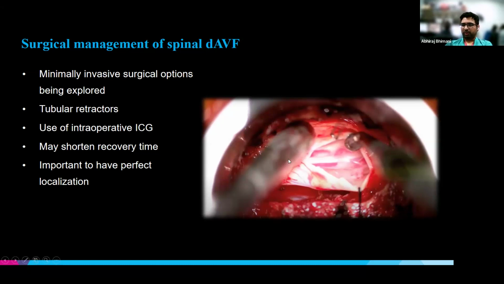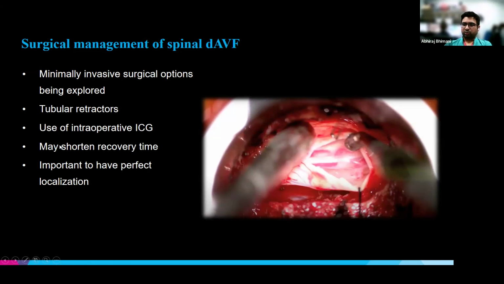It shortened the recovery time of the patient, and some surgeons have also been using intraoperative ICG to see the dural fistula, and after cauterization, the lack of flow in that.